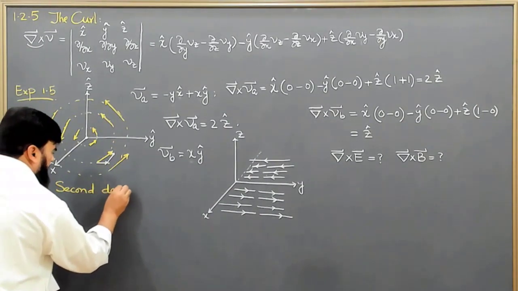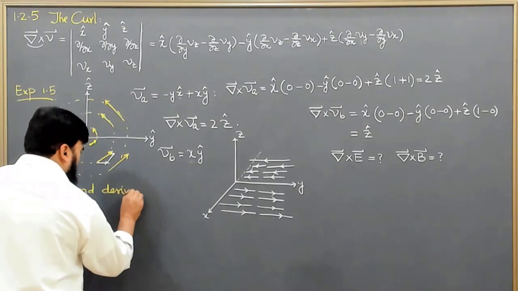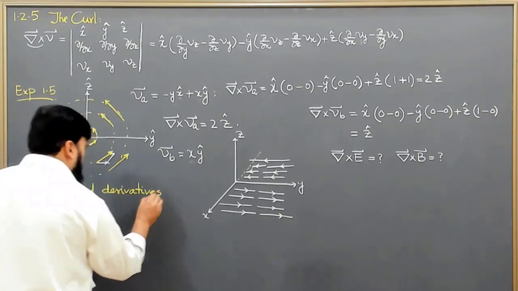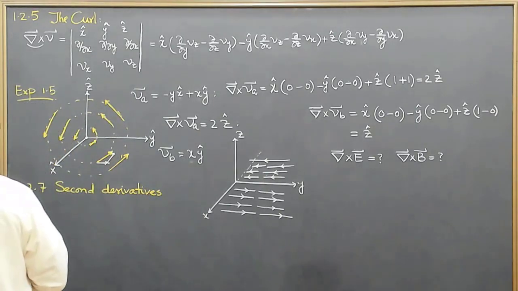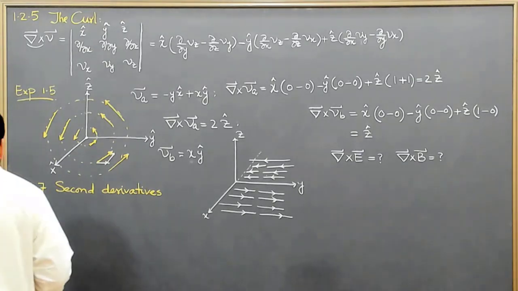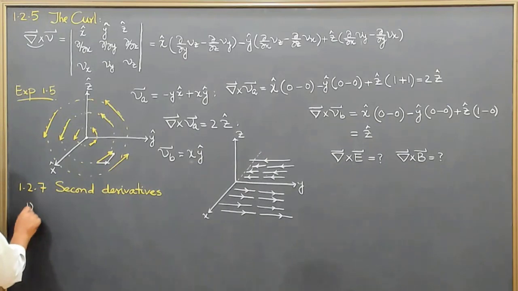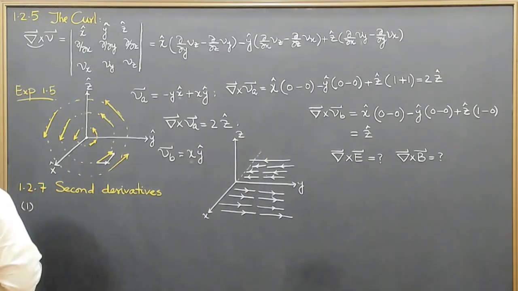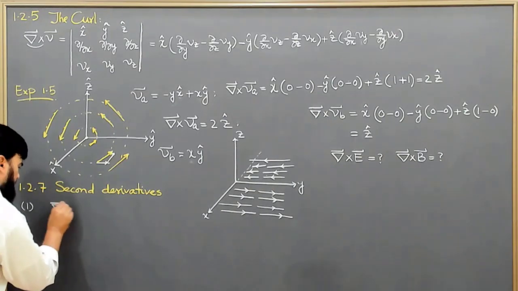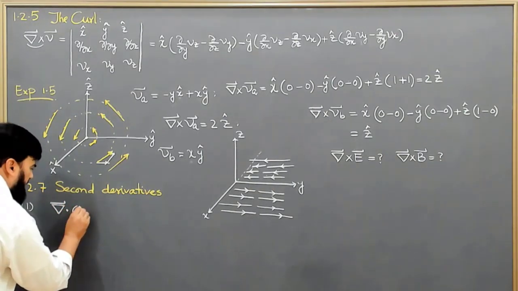It actually tells us what happens if the double cross or dot or gradient comes in. For example, the very first one, let's say we are having the divergence of a gradient.